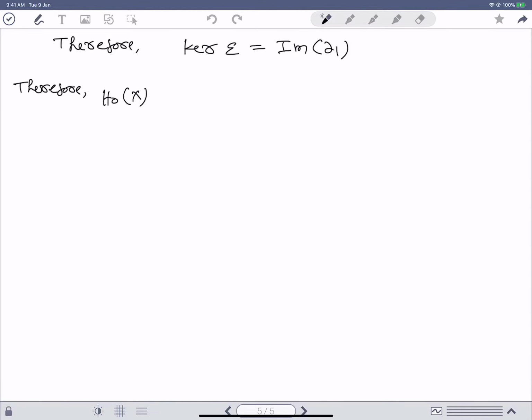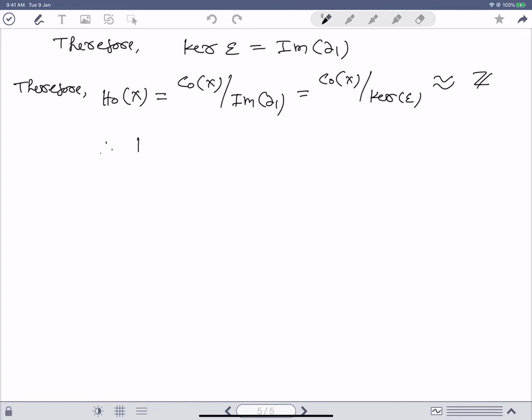So therefore A_0(X), which is by definition C_0(X) quotient with image of del_1, and we have proved that image of del_1 is the same as kernel of epsilon, and we have already proved that this is isomorphic to Z, right?